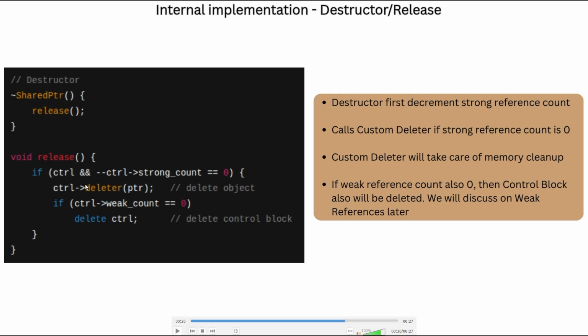In that case the destructor of the shared pointer will be called, and it will decrement the strong count. If the strong count is 0, it will invoke the custom deleter. And if the weak reference count is also 0, it will also delete the control block, otherwise it will keep the control block alive.